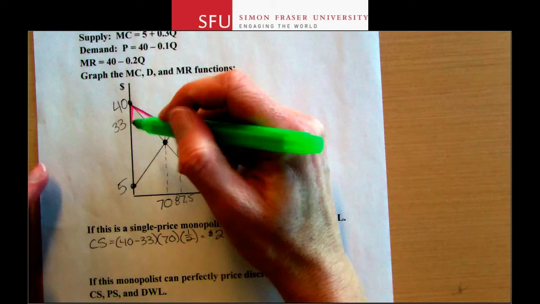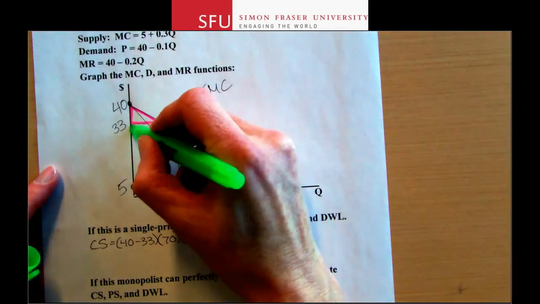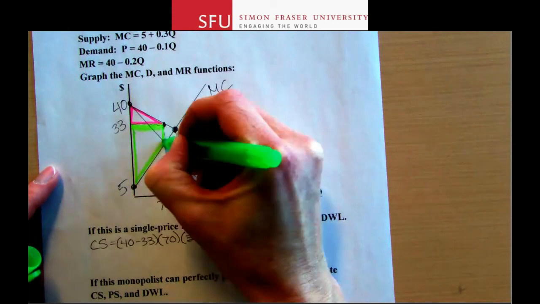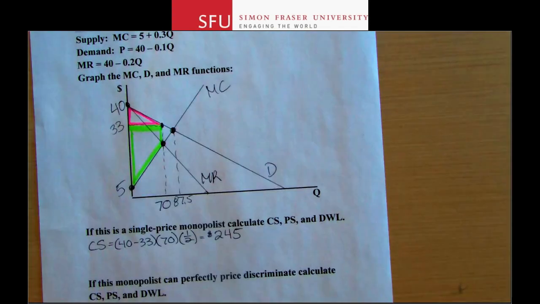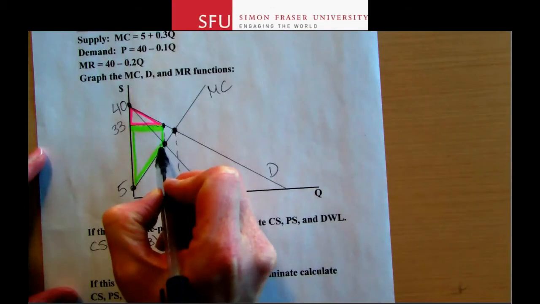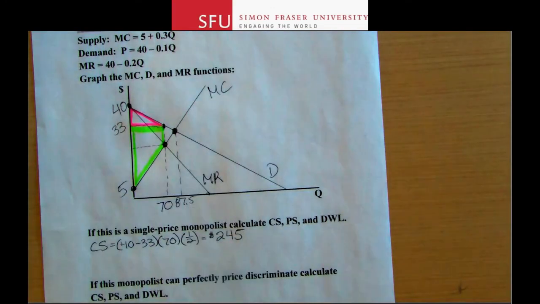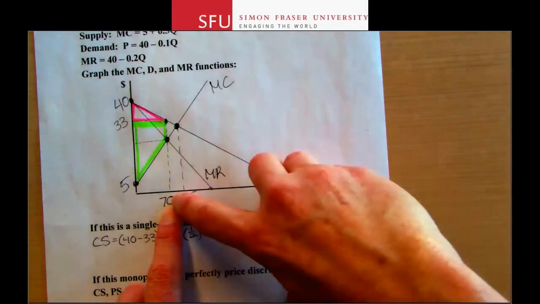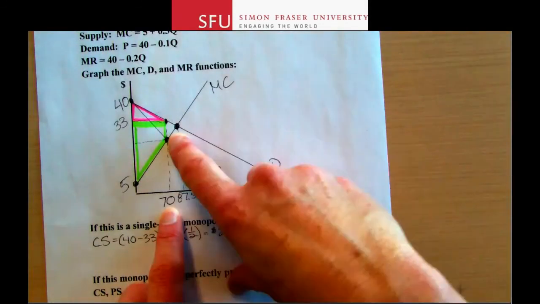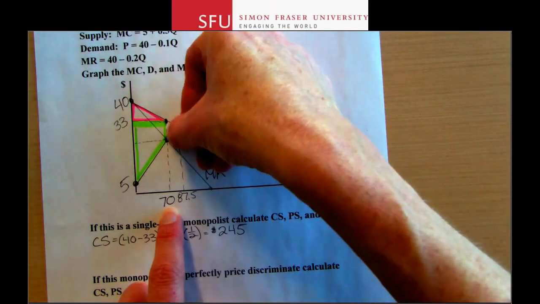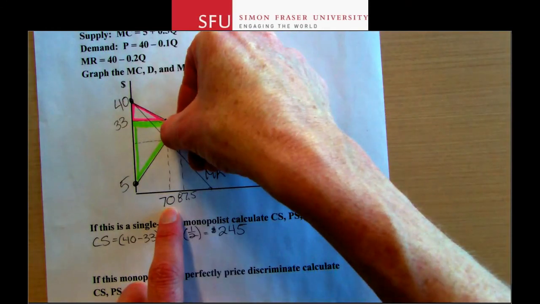And producer surplus will be this trapezoid shape. And so we actually need this number then too, so that we can calculate that area. So that number will be, so the quantity here is 70, and then you could use either the marginal cost function or you could use the MR function because they're equal at that point. So you could use either one.